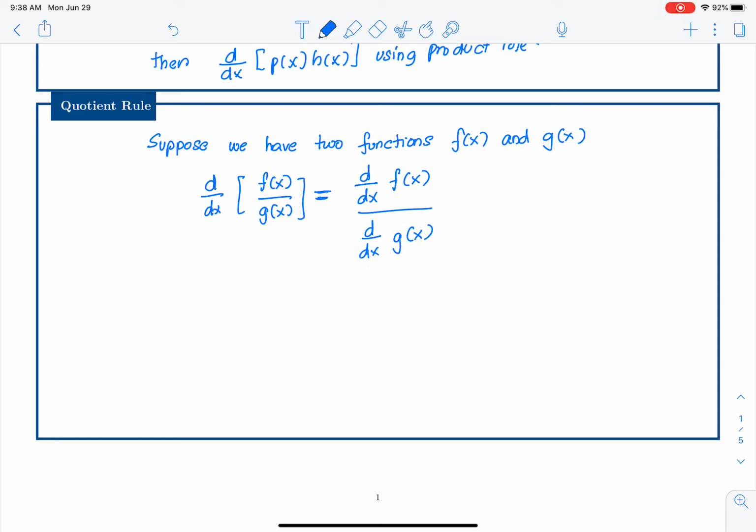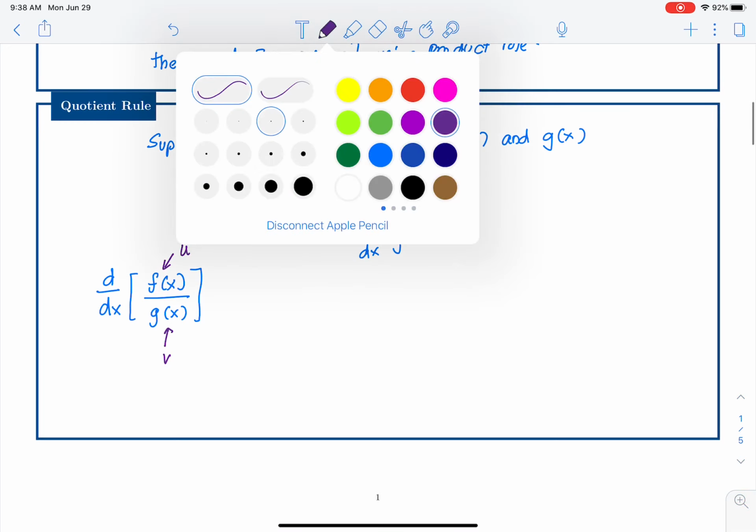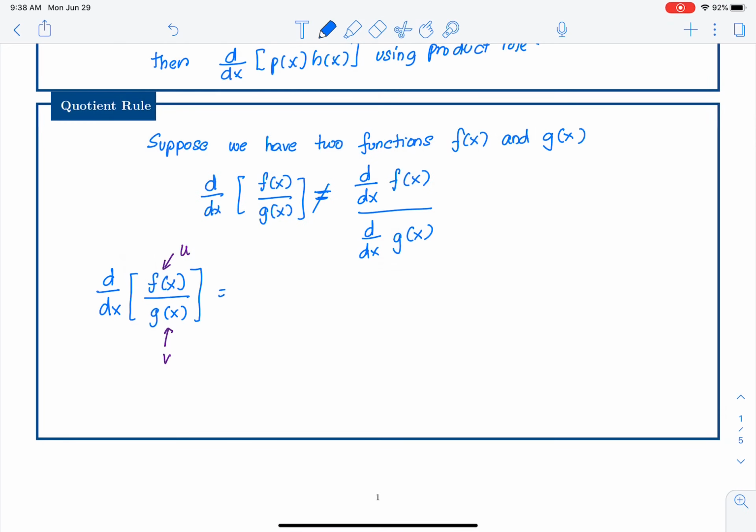Once again, I like to use a simple notation. Call the numerator function as u, denominator function as v. So the derivative would simply equal v u prime minus u v prime divided by v squared.